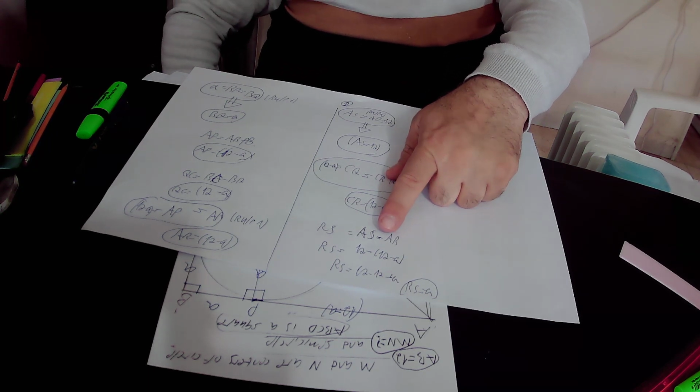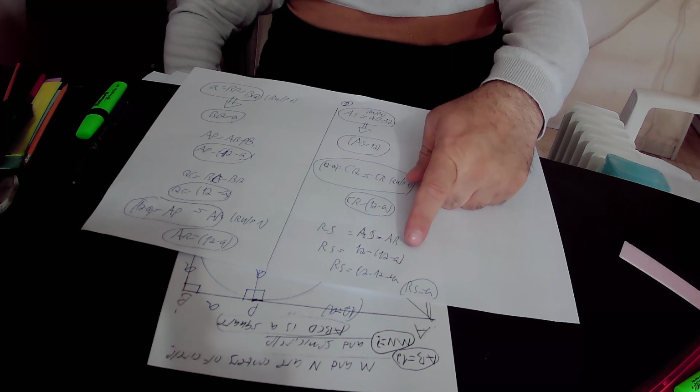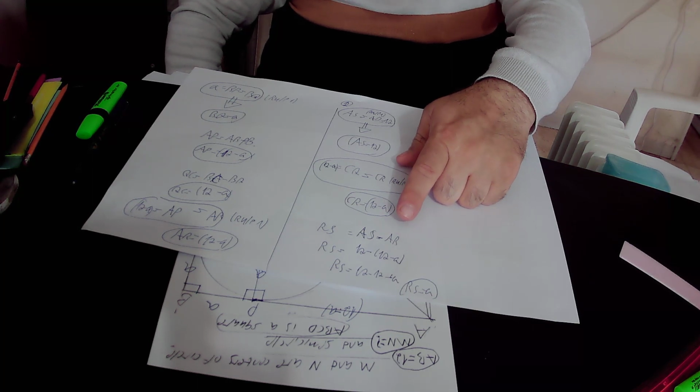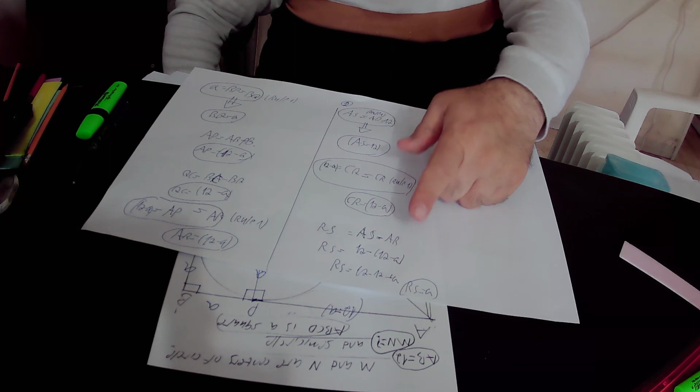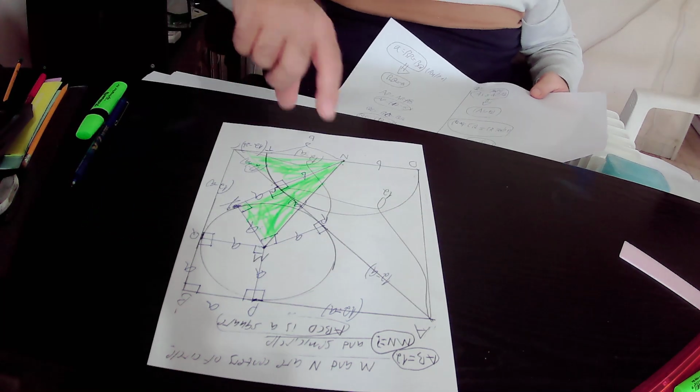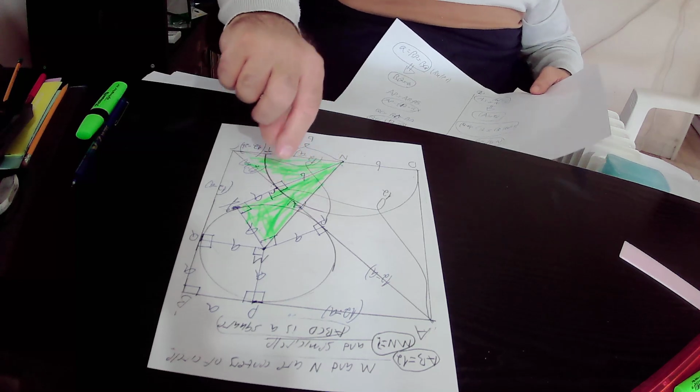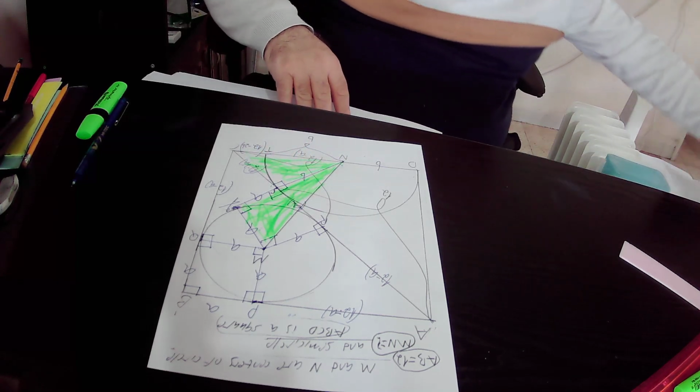AS equals 12. AR equals 12 minus A. So here, 12 minus (12 minus A). We open the brackets and we get that RS equals A. So this line segment RS equals A units.